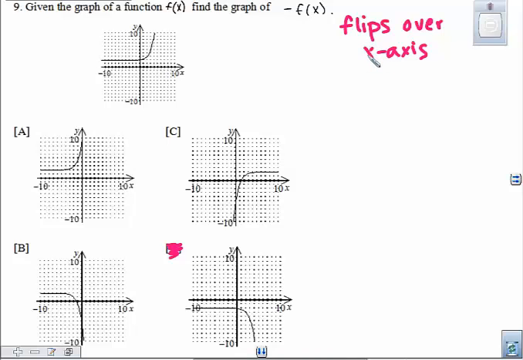Flip over the x-axis. So when you flip over this line, it gives you the reflection, which is D. Okay, it changes your y value, which is reflecting over the x-axis.